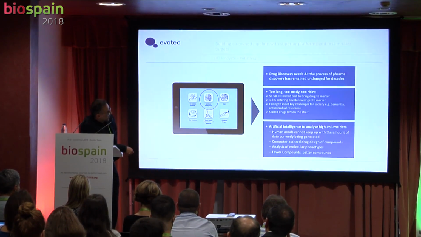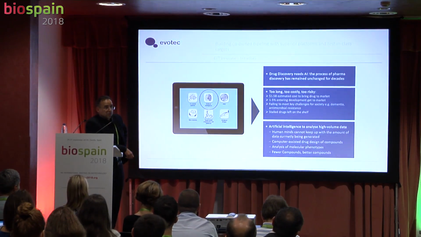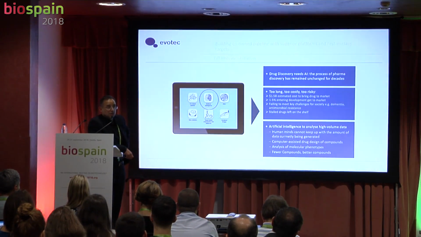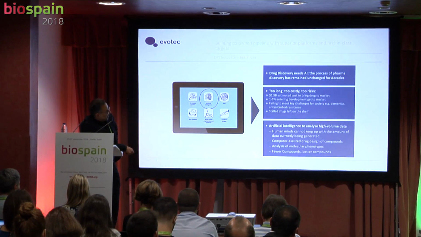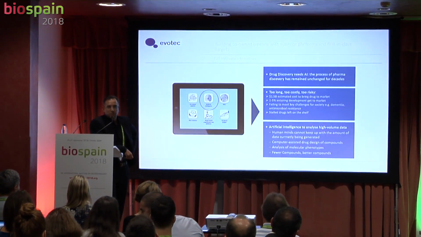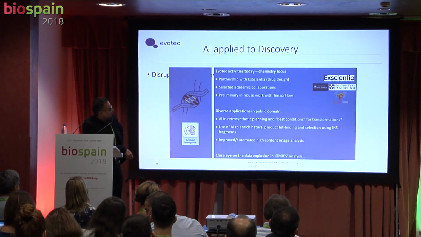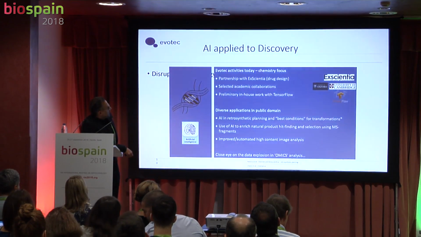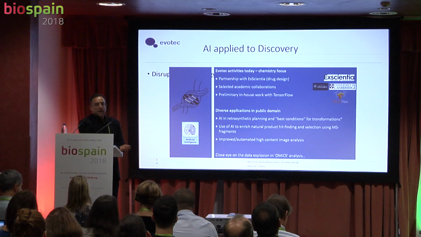And this is what we have implemented in Evotec. We have developed computer-assisted drug design of compounds with critical partnerships that we'll discuss a bit. Analysis of molecular phenotype, and the rationale, the strategy is fewer compounds, better compounds, and successful compounds. This is a collaboration that we set up with a company called Exscientia.